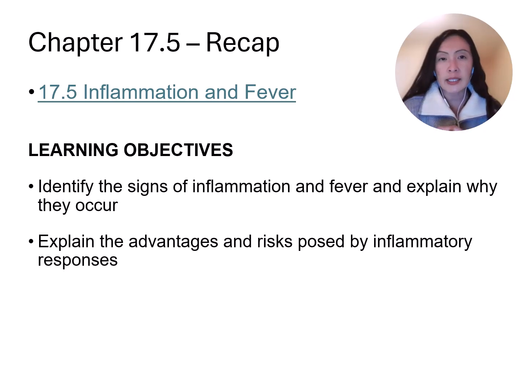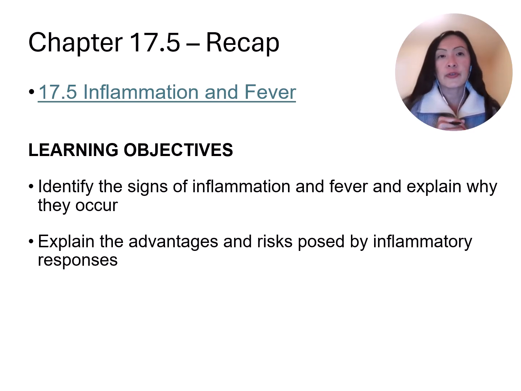Fourth, we had pain, so swelling and inflammatory mediators like bradykinin activated nerve endings. And the fifth one was altered function, so pain and swelling usually reduces mobility to protect that injured area.